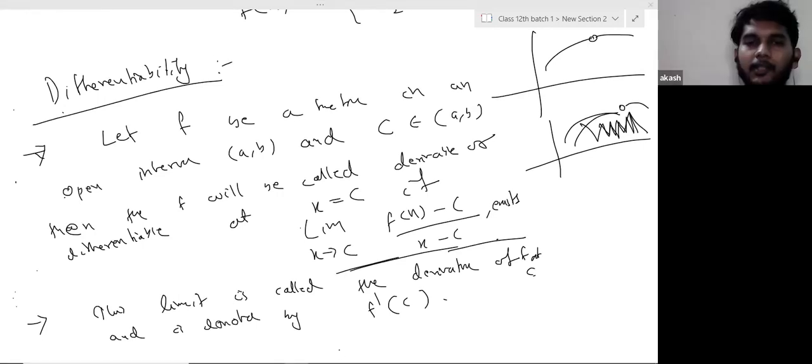All right. We just started differentiability. This is the definition of differentiability. Please note it down.